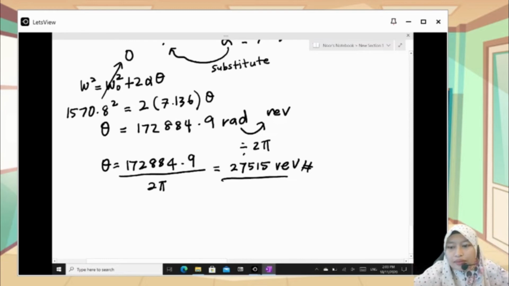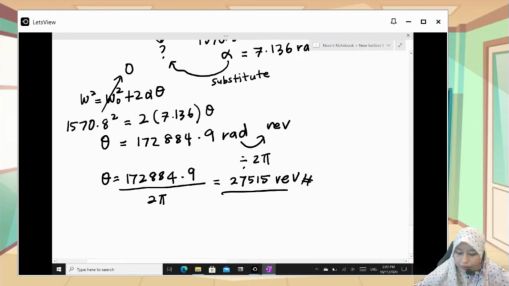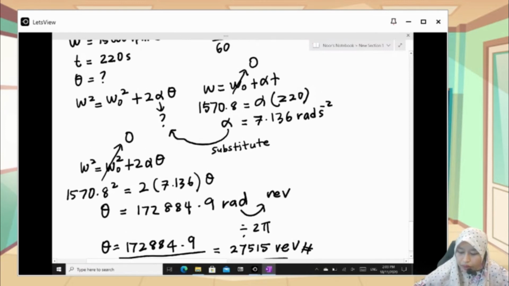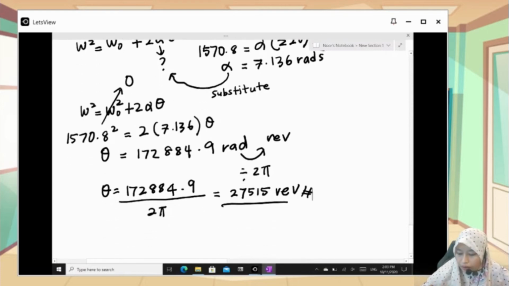Yeah, that's how to calculate it. The first step, you find alpha, and then you substitute it into the equation. Once you get theta in radian, change it to revolution, and then you'll get the answer.